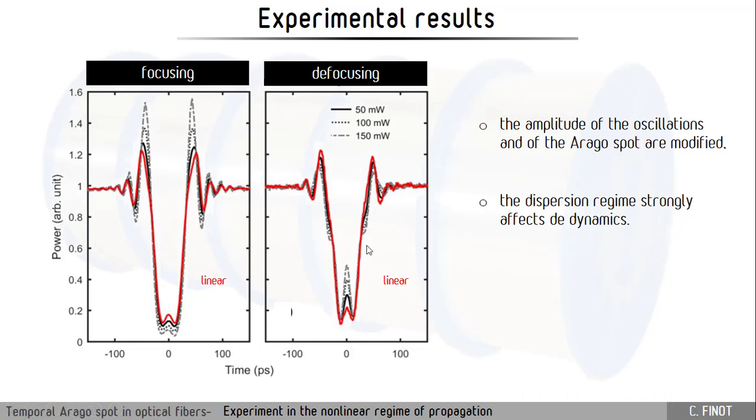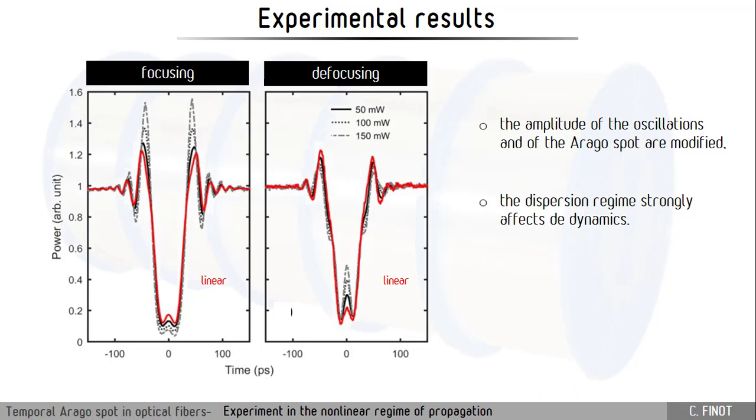In the defocusing case, when we increase the power, we see the Arago spot increase, and the ripples that we observe near the edge tend to decrease. So very different behavior according to the sign of the dispersion regime.